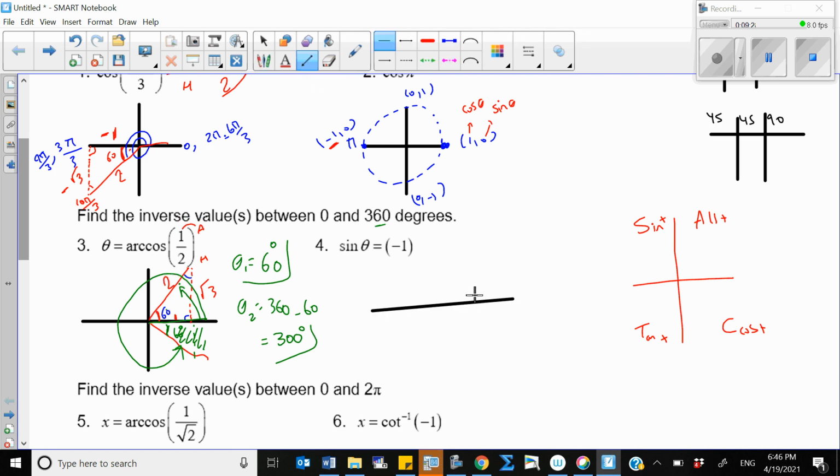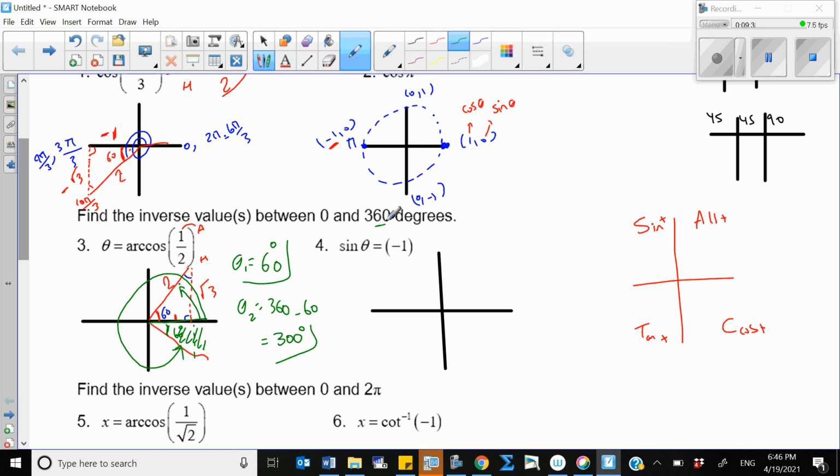For the next problem, sine of theta is equal to -1. We know that sine is opposite over hypotenuse. But it's not possible to draw a triangle with this, because if the opposite side is -1, that means the denominator is 1, and we match opposite with the top and the hypotenuse with the bottom.